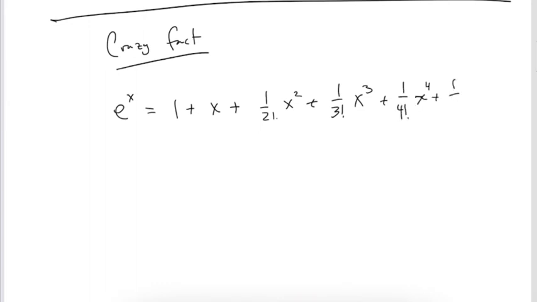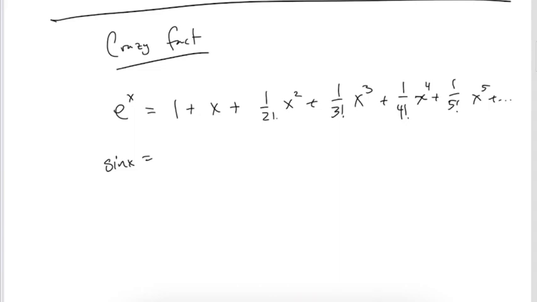Here's a crazy fact, all right? Check it out. When you look at the series in your list of series, you have e to the x, which looks like this. And actually, I'm going to write a few more just for the sake of what I'm about to say. I want to see a few more terms here: x to the 4, 1 over 5 factorial, x to the 5. If I write sine and cosine, what do they look like?